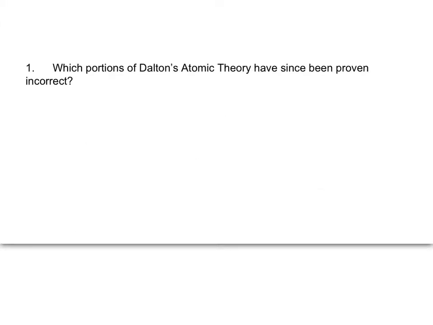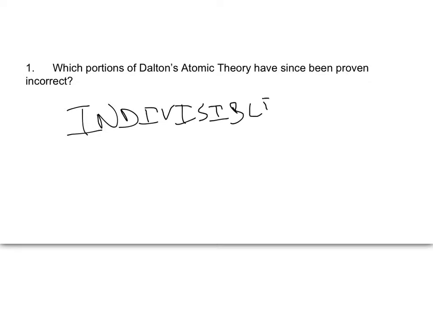Which portions of Dalton's atomic theory have since been proven incorrect? Well, Dalton suggested that elements were made of tiny, indestructible, indivisible atoms. Okay, we now know, we learned after that indivisible is not true. Atoms can be broken up into smaller pieces, protons, neutrons, and electrons.